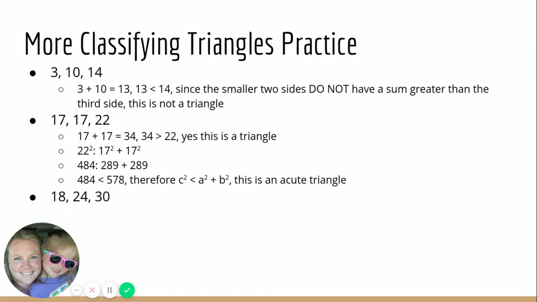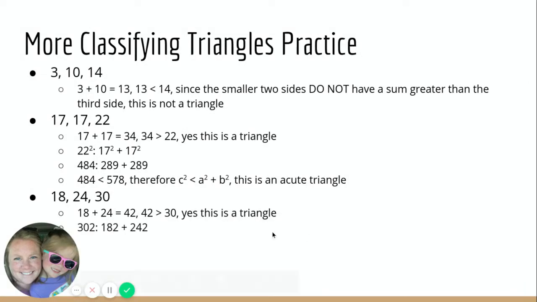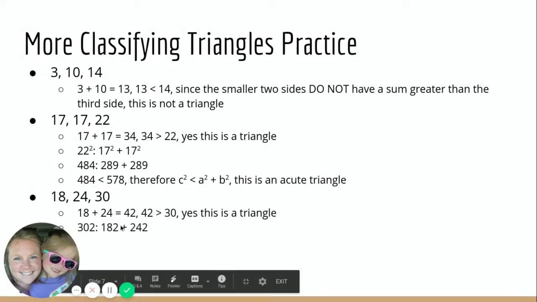The last one I want you to try is 18, 24, and 30. This does make a triangle. The two smaller sides added together are greater than the third. Here's my numbers.